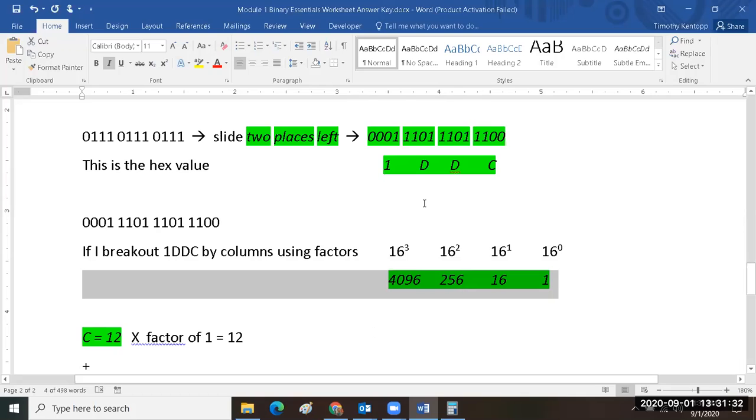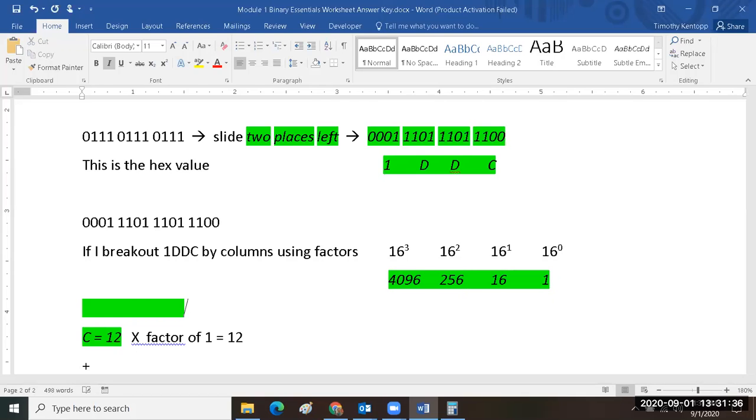Now, if I had a hexadecimal value, okay, hold up. All right, so let's say I had a hexadecimal value of 2, 2, 2, 2.